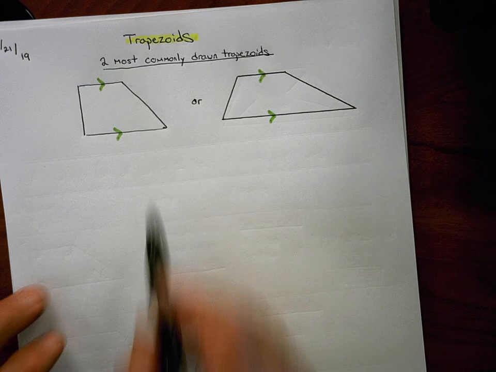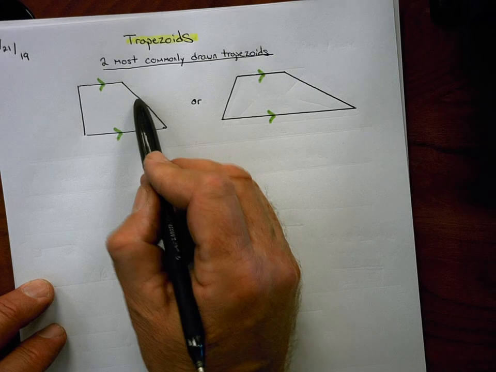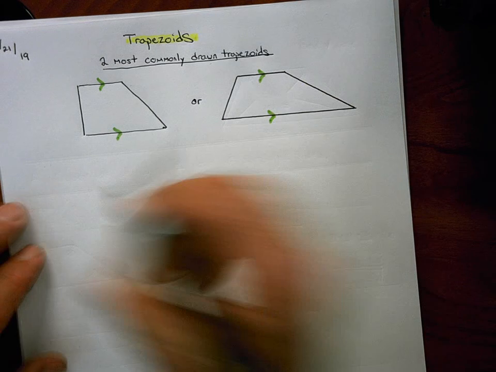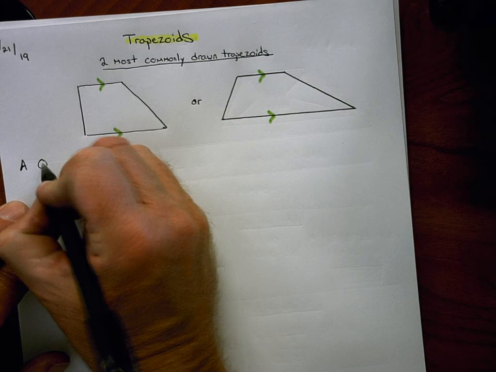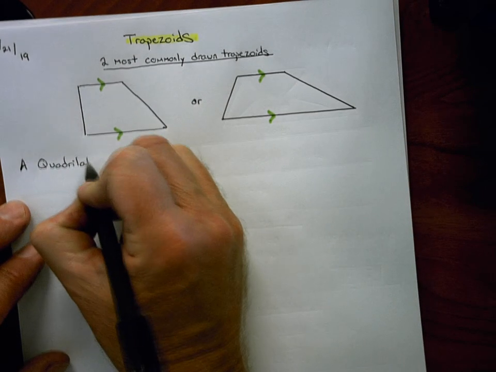Okay? All the other shapes we've studied so far, not only was the top and the bottom parallel, but the left side was parallel to the right side as well. On these, a trapezoid is only one pair of parallel sides. So that brings up, what is a trapezoid? It is a quadrilateral. This is the definition of what a trapezoid is.